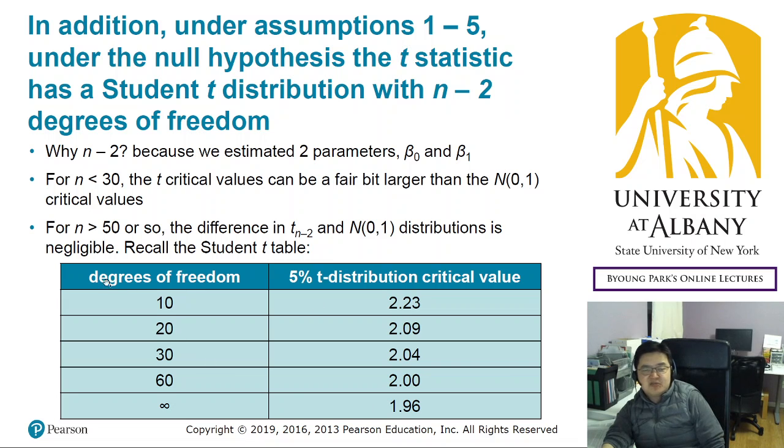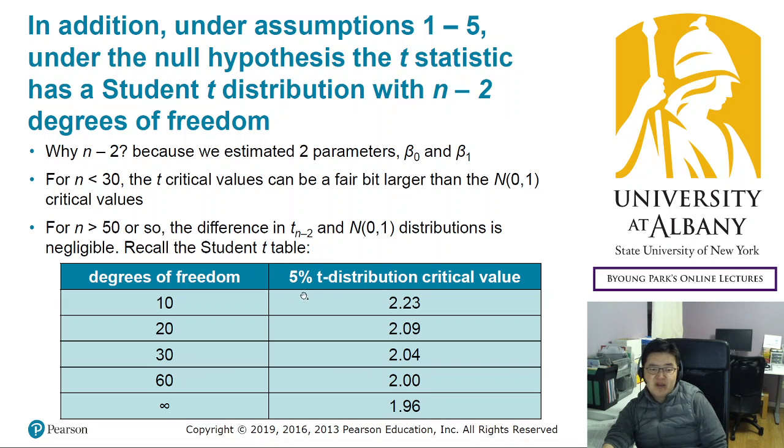And here you can see that the degrees of freedom, you can think of it as the sample size minus the number of parameters you are estimating. When it is infinity, by the way, first let's think about the limit. When you have an infinite number of data, your critical value will be 1.96.